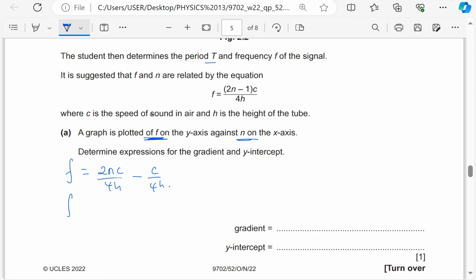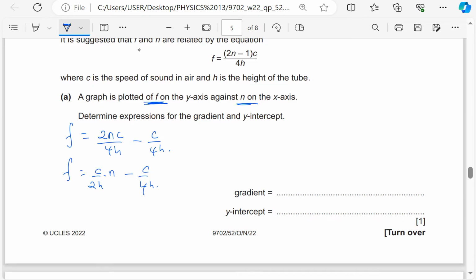So f is going to be 2c over 4h, 2 over 4 is a half, so this is c over 2h times n minus c over 4h.